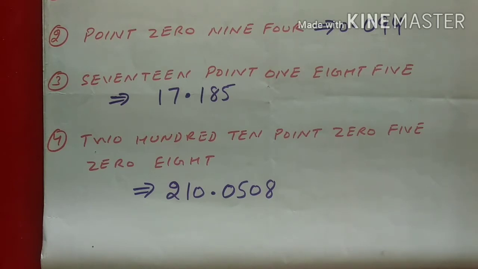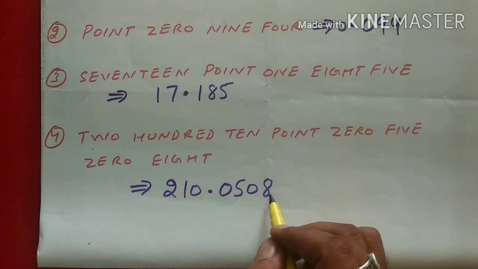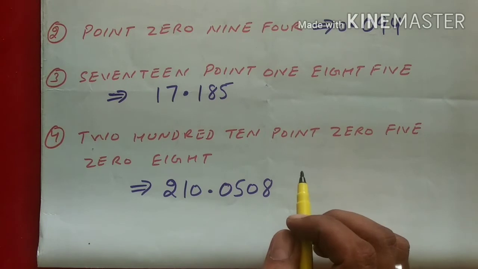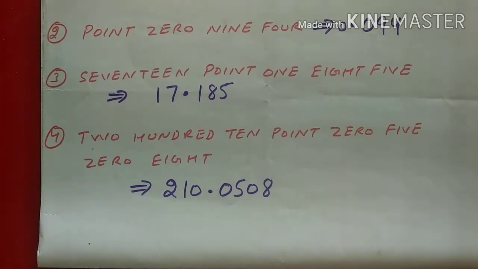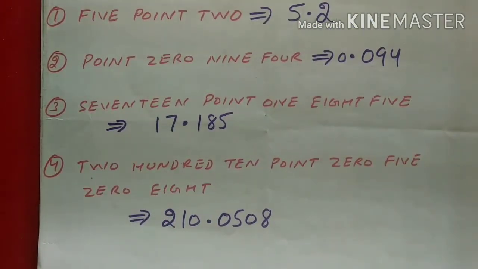So it will be written as 210 and 5 at which place? At the second place after the decimal. So 5 hundredths and 8 ten-thousandths. What I have spoken you will get to know in the next videos. This is just explained for the knowledge to make your understanding clear for the next questions.